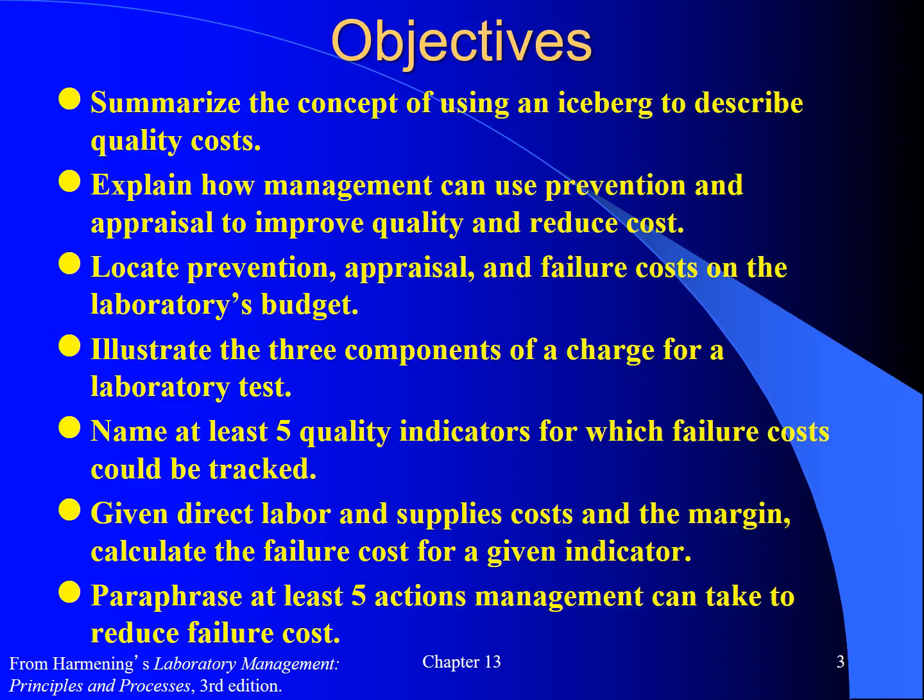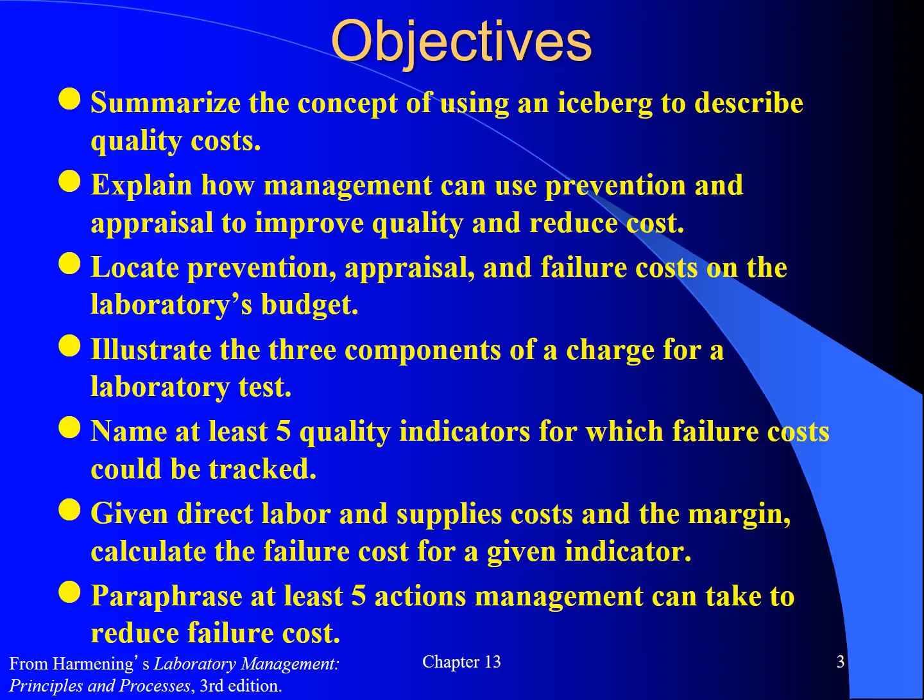More objectives of this chapter include: summarize the concept of using an iceberg to describe quality costs, explain how management can use prevention and appraisal to improve quality and reduce cost, locate prevention, appraisal, and failure costs on the laboratory's budget, illustrate the three components of a charge for a laboratory test.